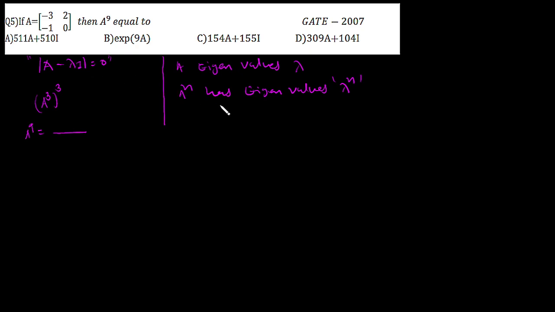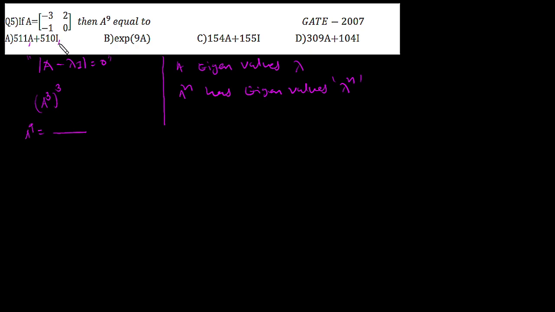And now another property is that if the matrix is in the form of this linear equation, then we can replace this A with the eigenvalue. With the help of the Cayley-Hamilton theorem, we can replace this matrix A with any particular eigenvalue, here in this case lambda.